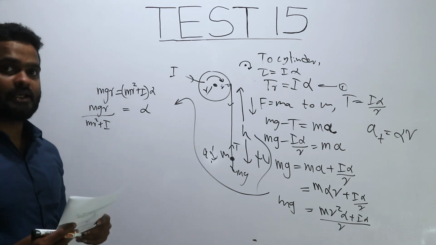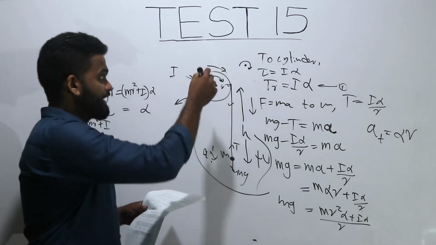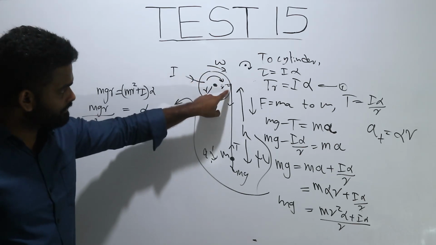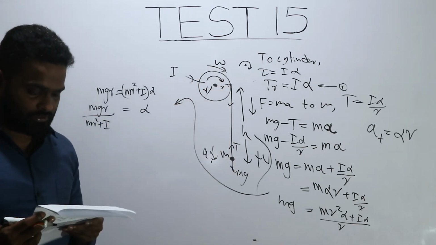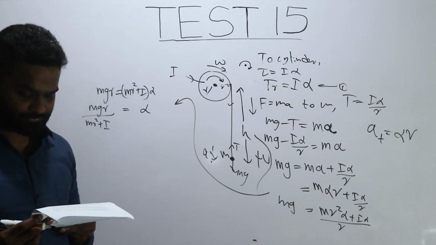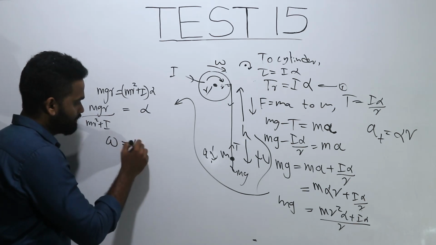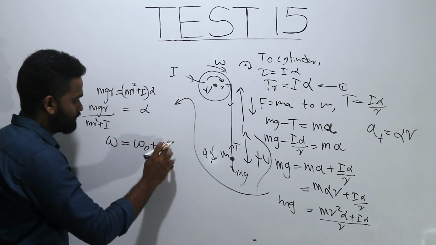In the question, what they ask is not linear velocity, but the angular velocity of the cylinder when this reaches from here to here. We'll use the equation omega equals omega naught plus alpha t. We don't know the time, right?